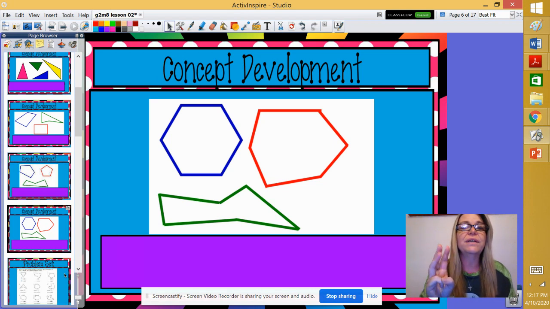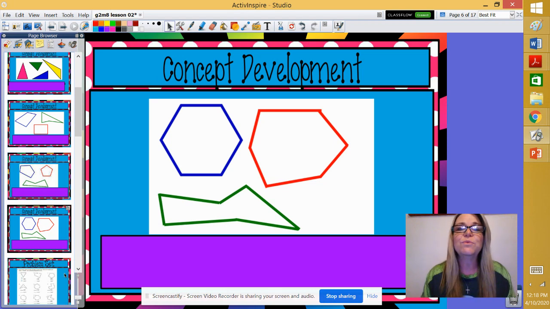Tri means 3. A triangle has 3 sides and 3 angles. A quadrilateral, quad means 4, has 4 sides and 4 angles. A hexagon has 6 sides and 6 angles.